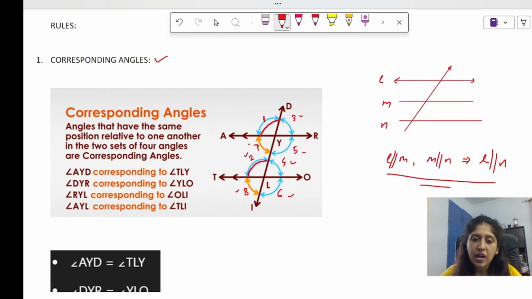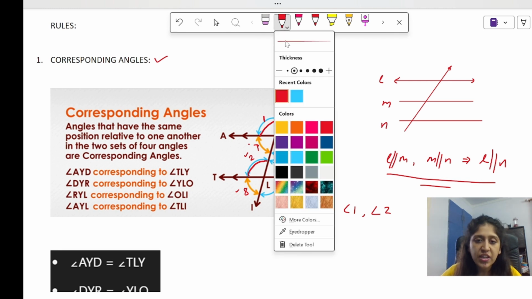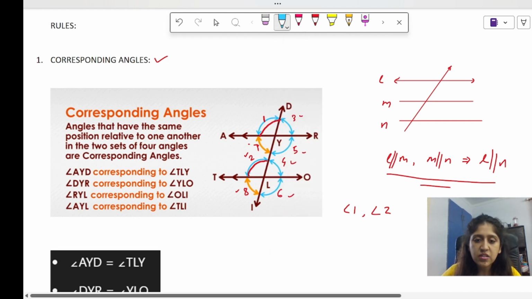Corresponding angles are angle 1 and angle 2. Can you see angle 1? I hope the angle 1 is clear to you. Angle 1 and angle 2 are corresponding angles to each other. Angle 3, let me change the color so that it is more visible to you. This is the angle 3 which I am marking, and angle 4 is this angle.